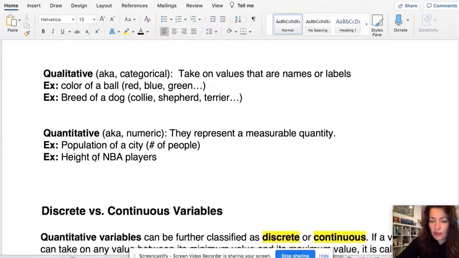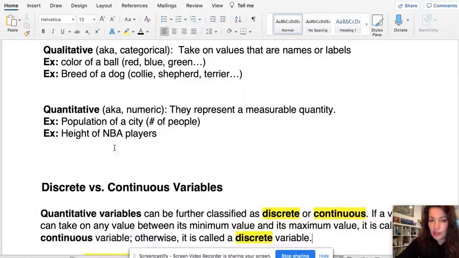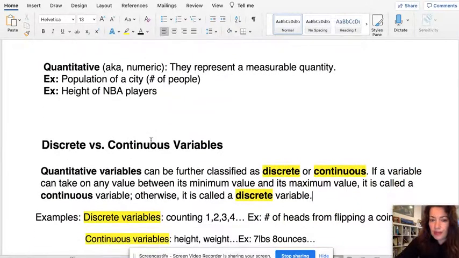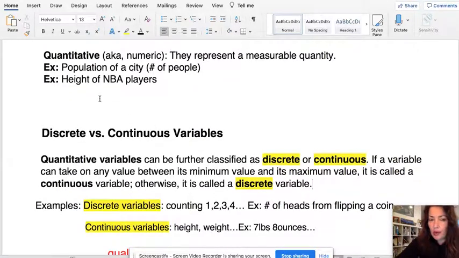We move on to quantitative data, which can be attributed to numerical numbers, and it measures quantity. So here are examples. Now, when we're looking at quantitative data, the way to look at it is basically quantitative means that it makes sense to take the average.